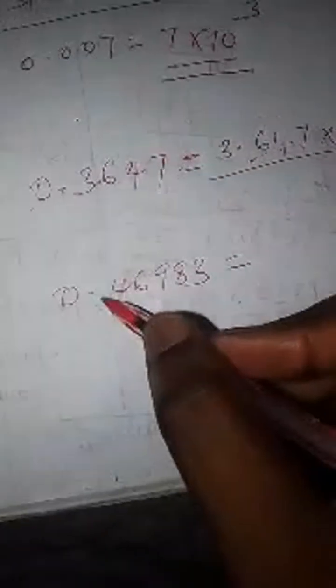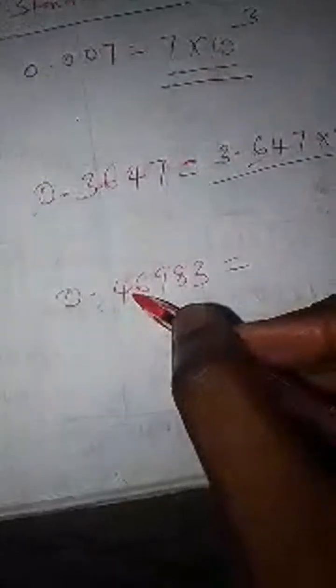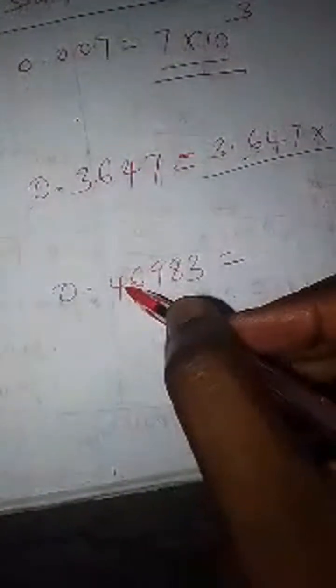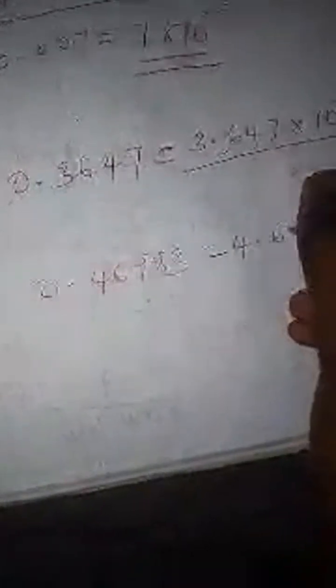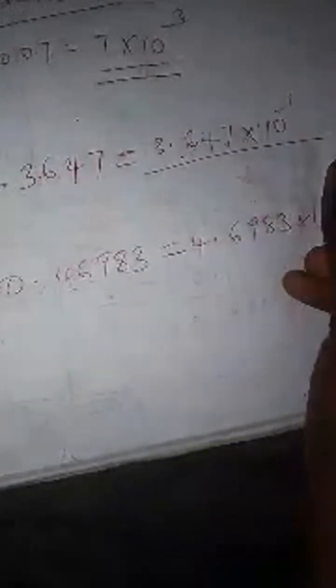Now here, if I move this point here by 1, I shall write 4.6983 times 10 raised to power negative 1. So I shall have written that number in a standard form.